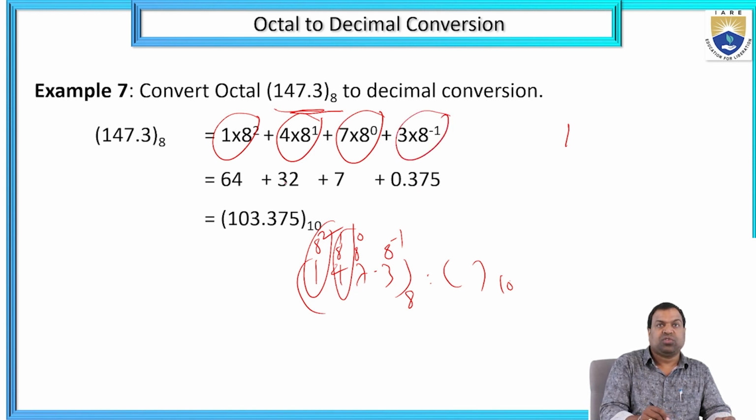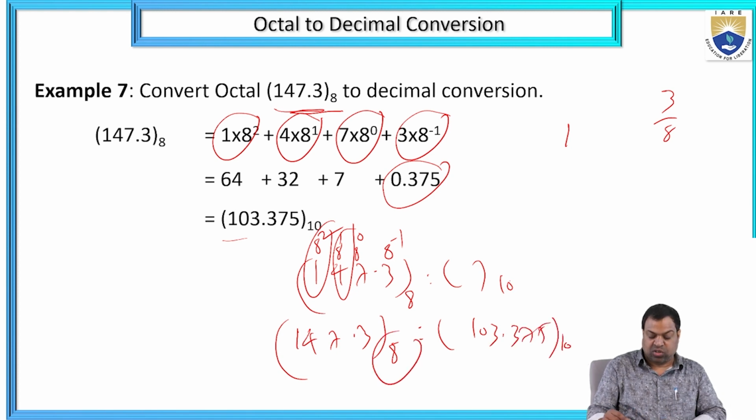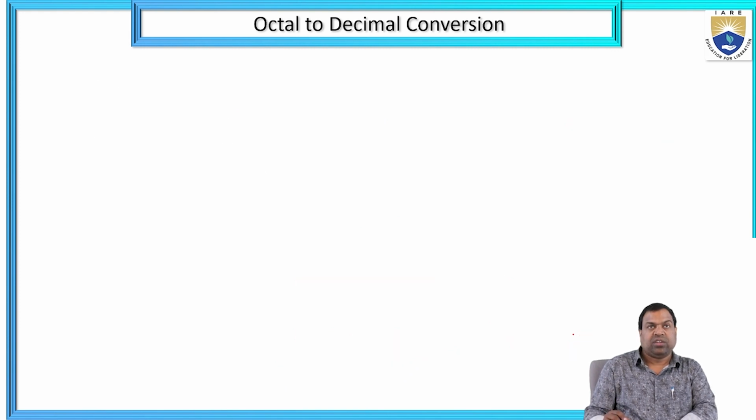So it is 64 plus 32 plus 7 plus 3 into 1 by 8, that means 3 by 8, which is 0.375. So totally 103.375. So 147.3 base 8 is equal to 103.375 base 10. Okay, octal to decimal conversion is completed.